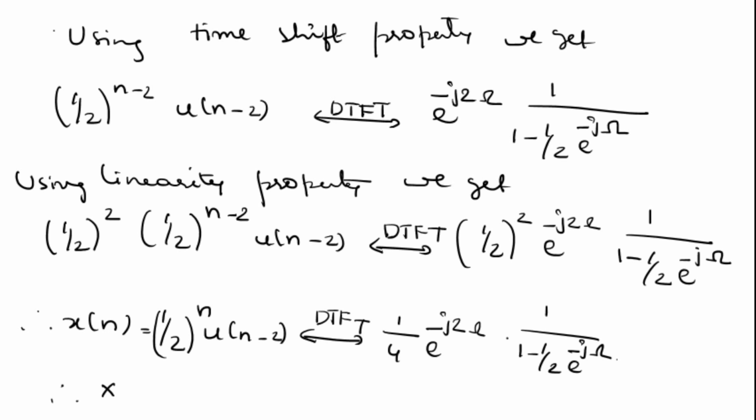Therefore, X of e power j omega is equal to 1 by 4 into e power minus j 2 omega divided by 1 minus half into e power minus j omega.